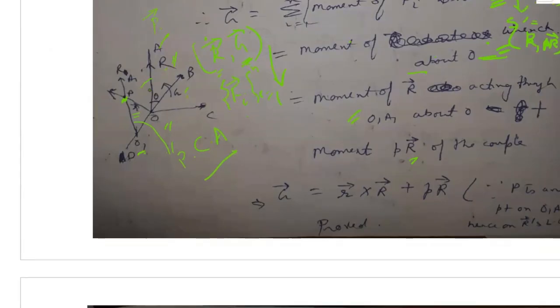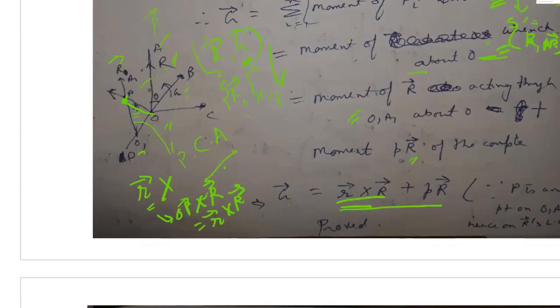P is the point of application of force R, and with respect to O you are measuring the distance OP, cross the force itself, that is R. So OP cross R. Now what is OP? OP is nothing but R. So R cross R. This is what I have used here. So G equals R cross R plus PR. This is what we were supposed to prove, and we have proved it.